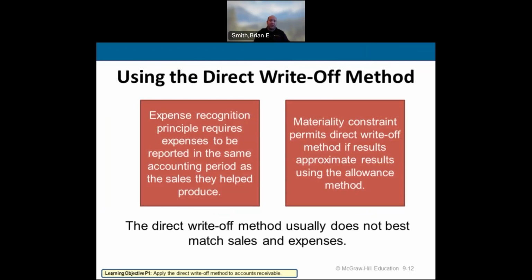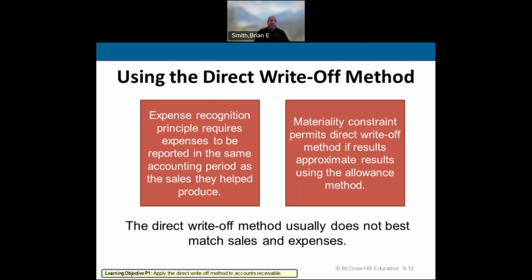But your expense recognition principle is botched because you're not expensing this in the same accounting period that the revenues were created based on this transaction. Basically, if you have an account receivable that's not going to be received, then it should be expensed in the same accounting period that revenue we thought we were going to get would have been recognized.